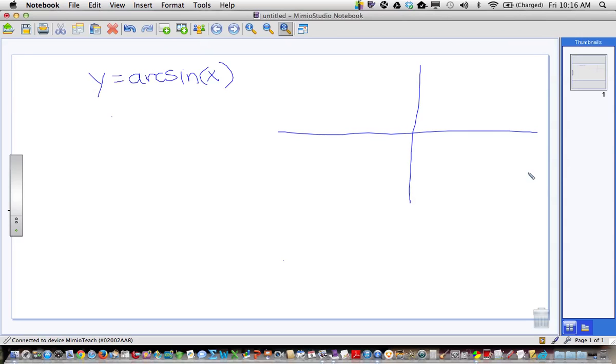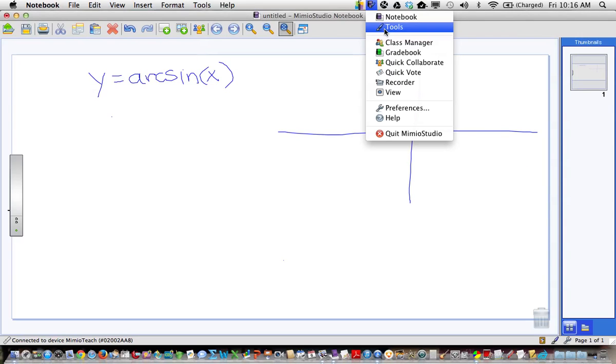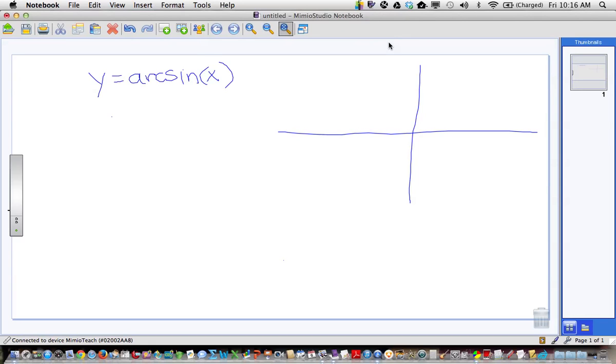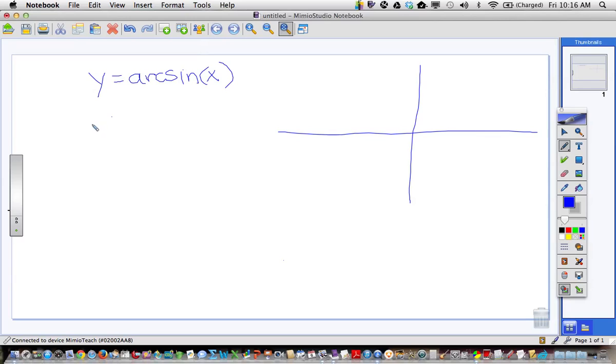All right? So if I restrict the sine function, remember, when we do an inverse, we interchange the x and the y's, the inputs and the outputs. So that means this output is what is between negative pi halves and pi halves. These y values are between negative pi halves and pi halves.